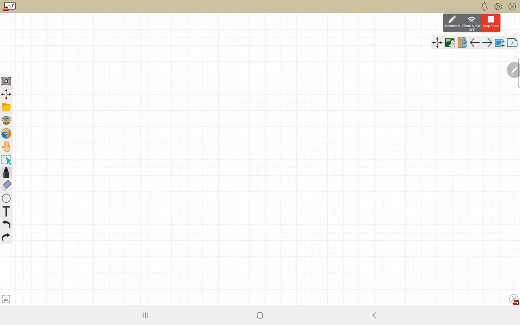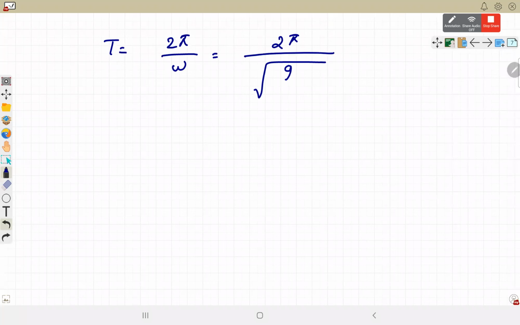So from this omega, we get the time period. Time period of a large pendulum, where large means the size is comparable to the radius of Earth, involves g by L plus g by R.